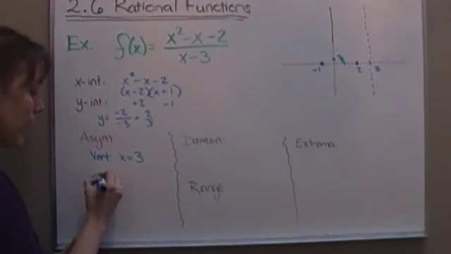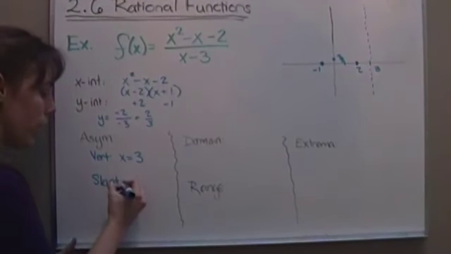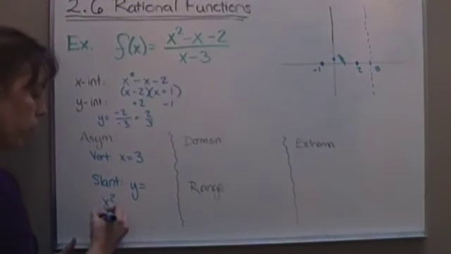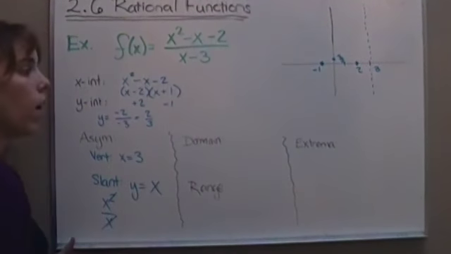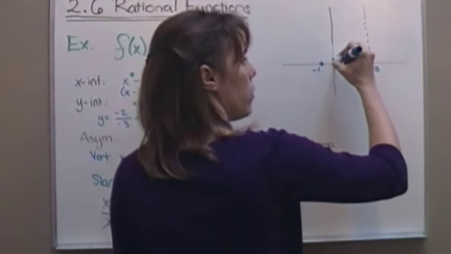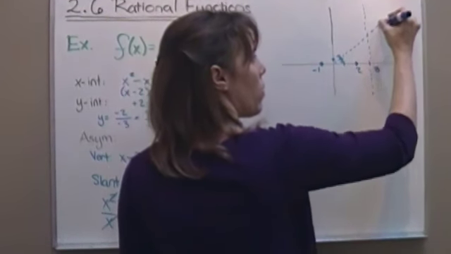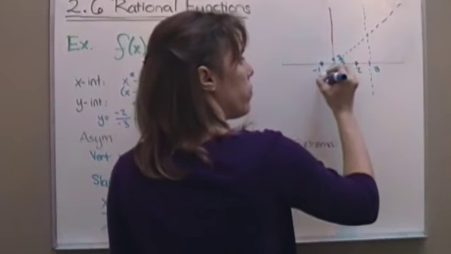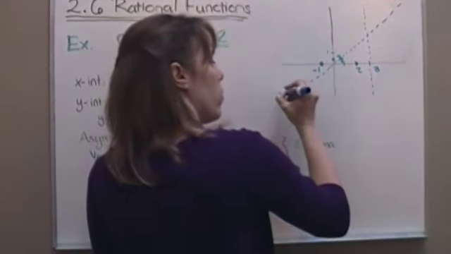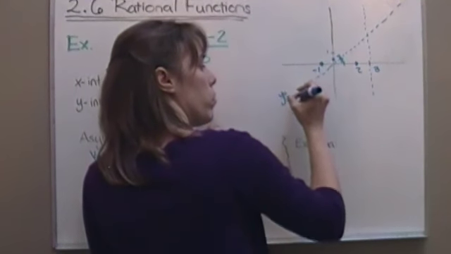So I have a slant asymptote at y equals, right, x squared over x, you cancel, you just get x. Okay, that is this line, the y equals x line. So I'm going to write y equals x here.